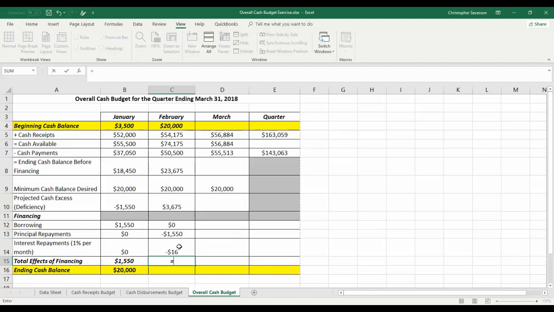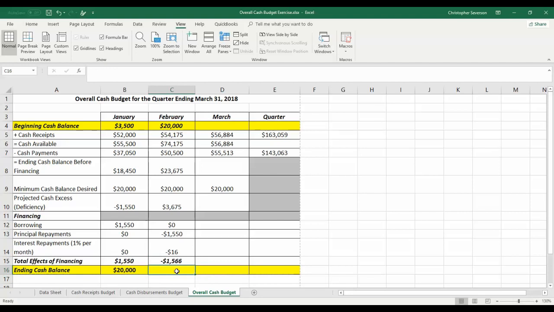Now we will just sum these three items up. And of course it's negative because we're paying extra money out. It's $1,550 plus the $16 of interest we're paying.